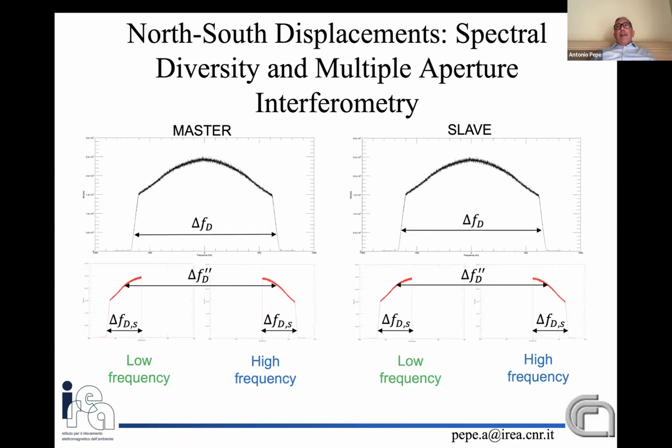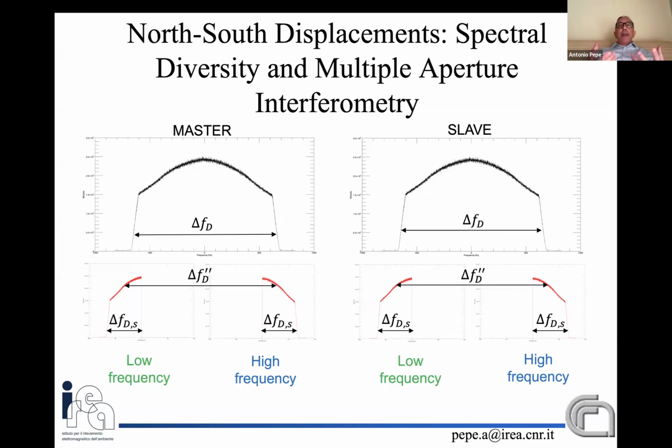And then we can compare the interferogram obtained at low frequencies with the interferogram obtained at the high frequencies. The difference of the low frequency and high frequency interferogram is another interferogram. And this interferogram contains information regarding the azimuth displacement.